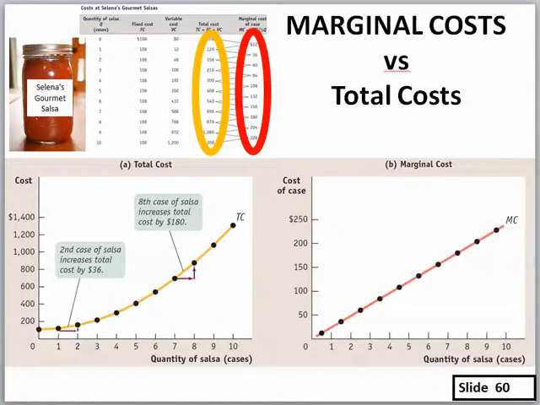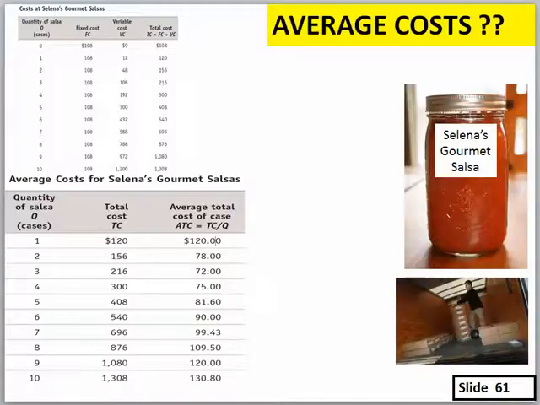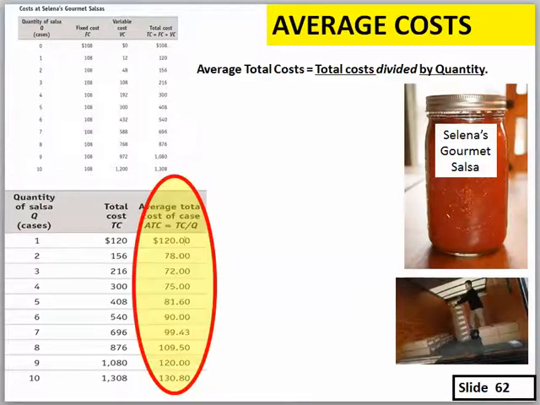Okay, continuing on. What about averages? How do we get averages? Well, we'll stick with our salsa example for a few minutes. We can get our average total cost by taking the total cost they gave us and just dividing the number of cases into it.